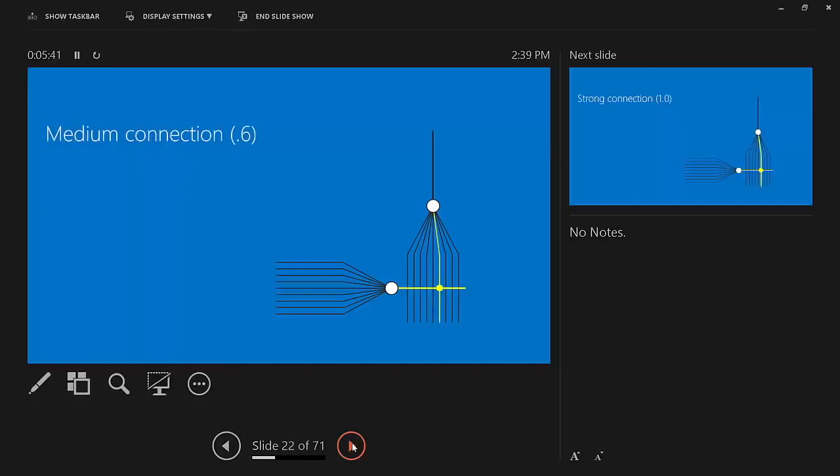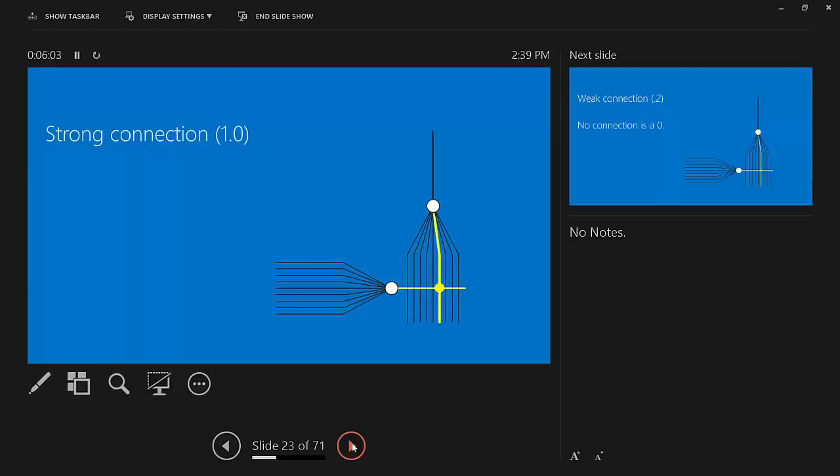We can put a number on this connection between 0 and 1. So a medium connection, we'll call it a 0.6. When the axon of the input neuron, the upstream neuron, is active, then it activates the dendrite of the output neuron. It passes that on with a modest strength.